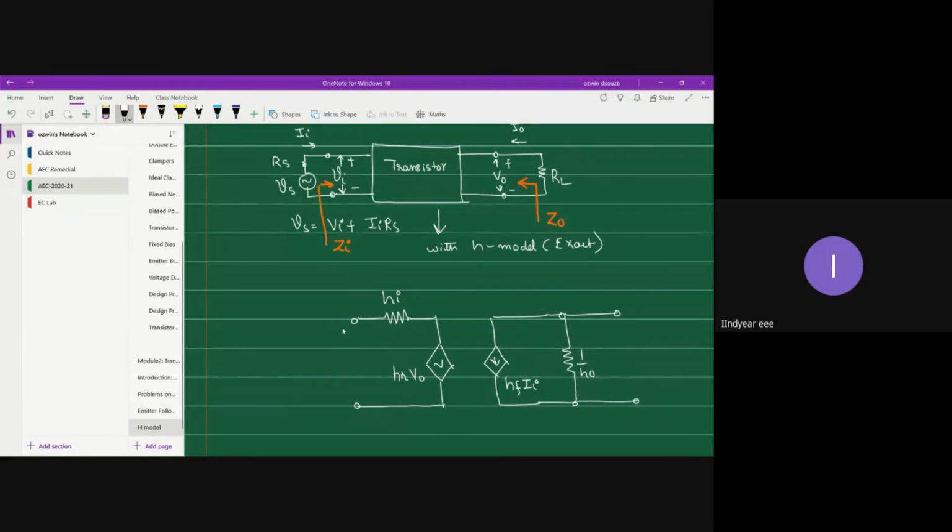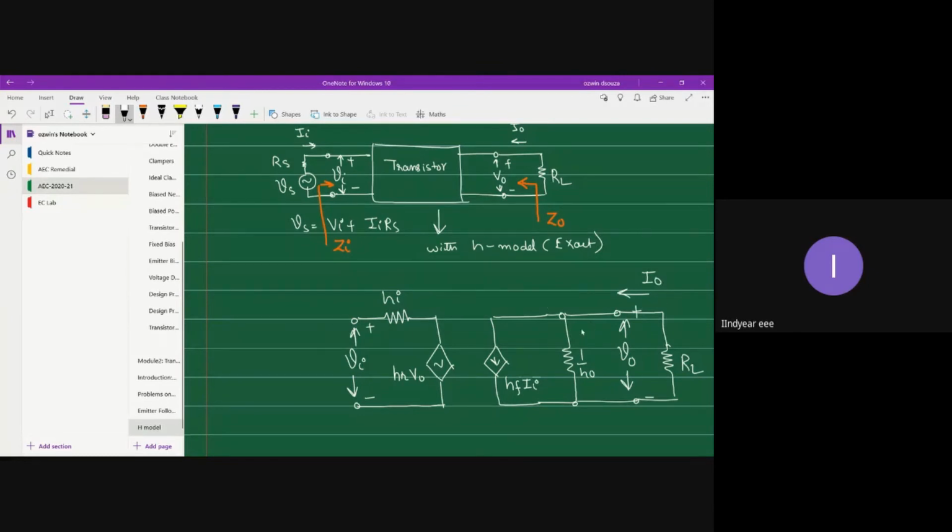So this is your Vi, minus plus, and this is your output V naught, minus plus. And this is your load resistor RL. The same load we have considered, and this is your current direction I naught.